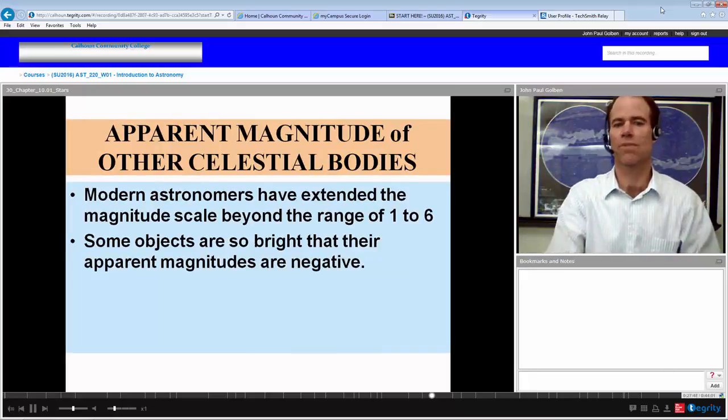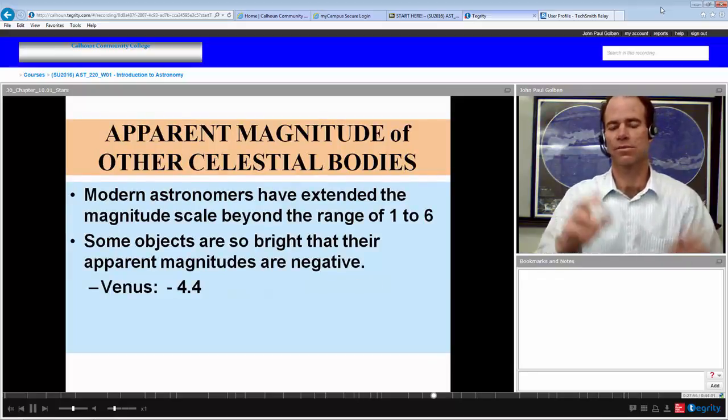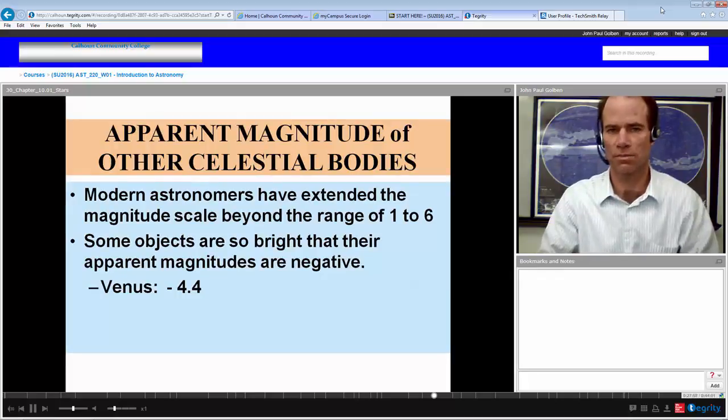And some objects are so bright that their apparent magnitudes are indeed negative. In particular, the planets, when they're near opposition, can get to be pretty bright on the negative scale of things.